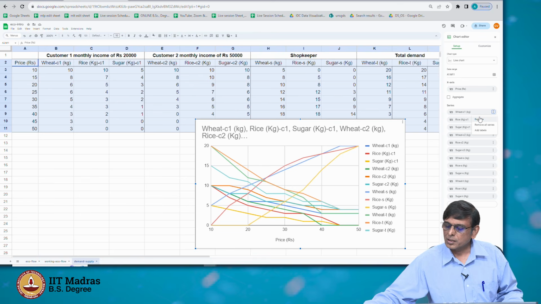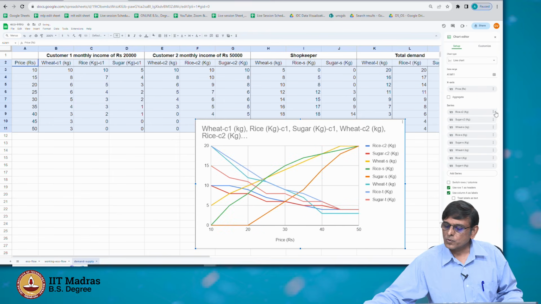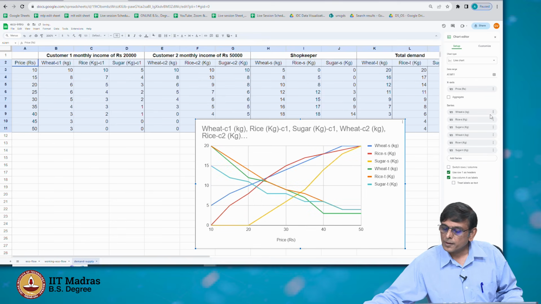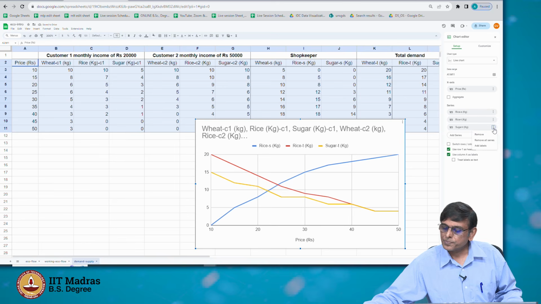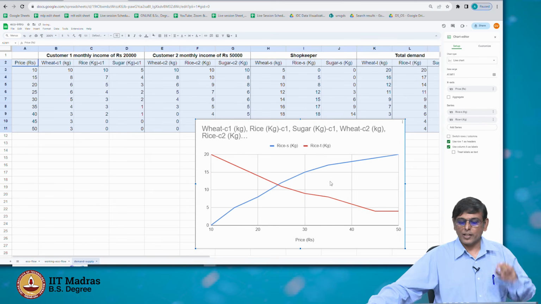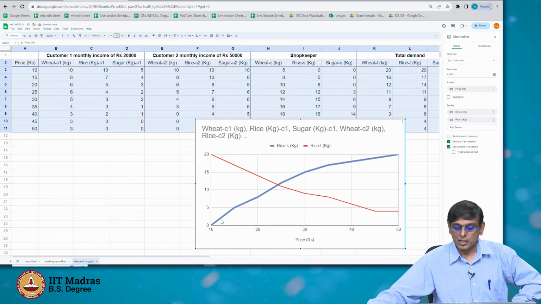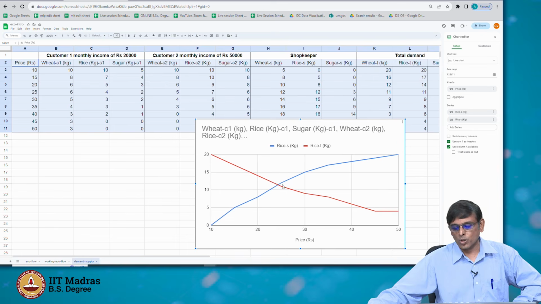Let me remove wheat, rice, sugar of C1, wheat, rice, sugar of C2, and keep only rice sales and rice total demand. Okay, so I have only the rice sales. This is the rice sales. This is the seller's response to rice, and this is the total demand for rice.